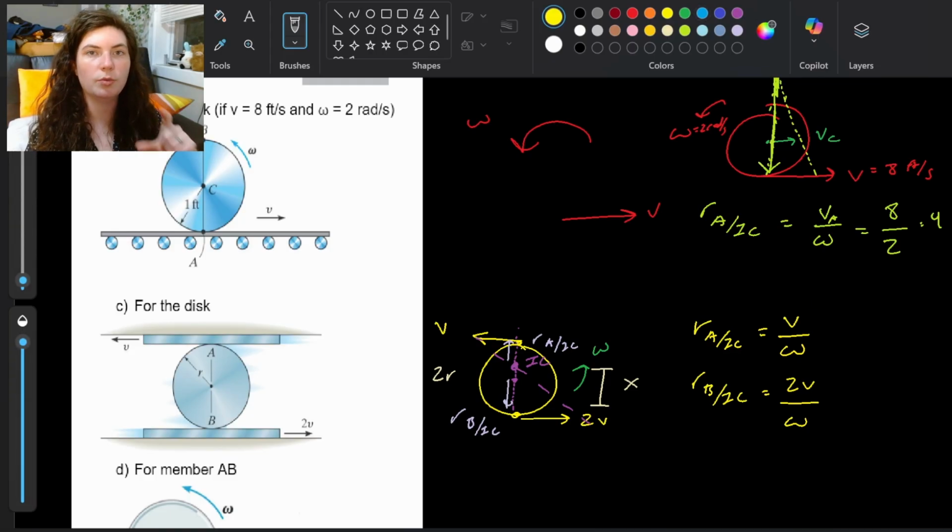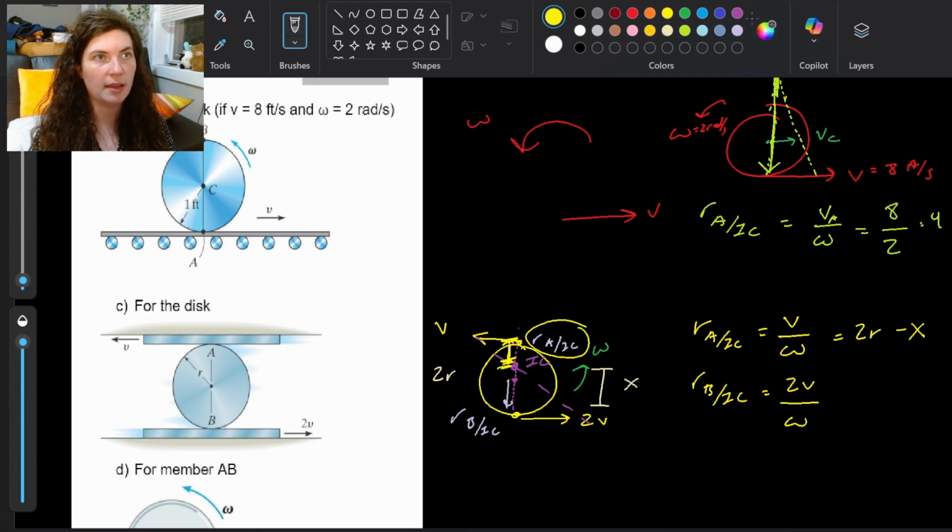But we can also relate our r of A with respect to IC to the distances, in relationship to our radius, because we know it's straight up and down. It's just straight through the middle of our disk here that's spinning. So I also know that this distance here of A with respect to IC is going to be 2r minus x.